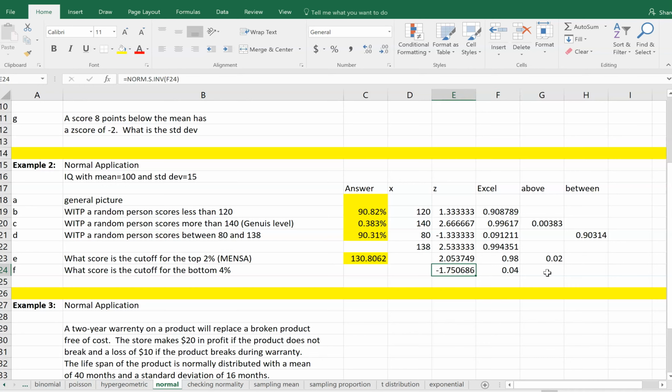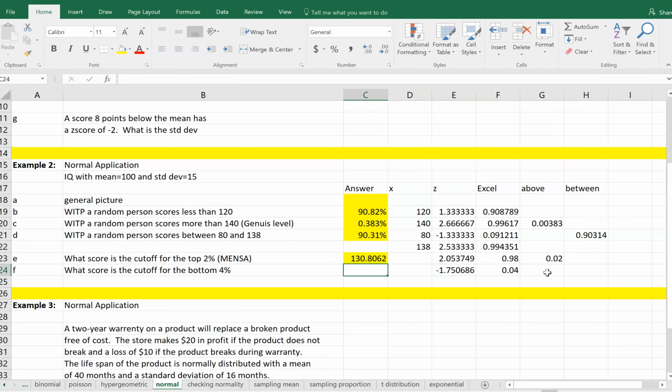NORM.S.INV says you give me the area below. That's the bottom 4%, the area below. I will do the calculus needed to find the bar whose area below is 4%. That's what this is. Negative 1.75 on the Z chart would be the bar where 4% of us are below. 96% of us would be above this number.